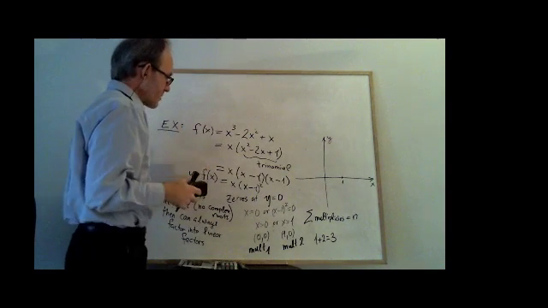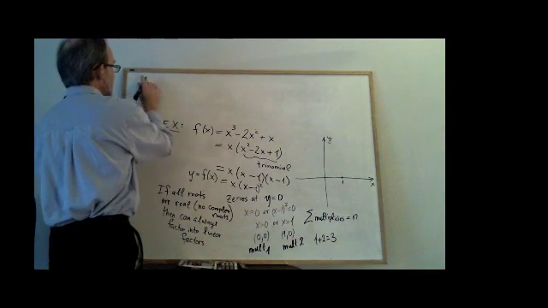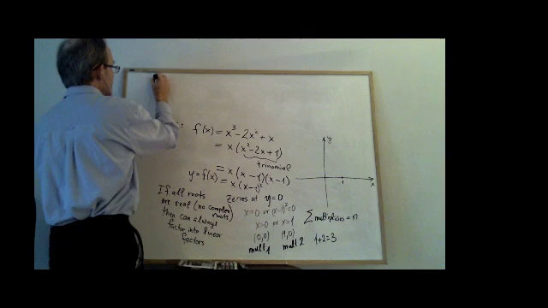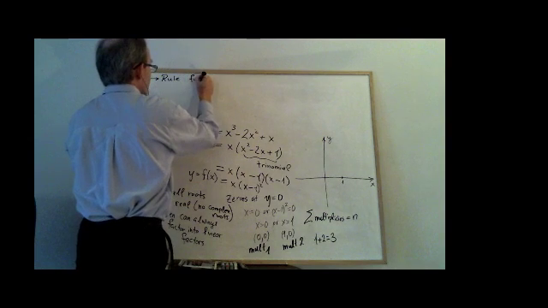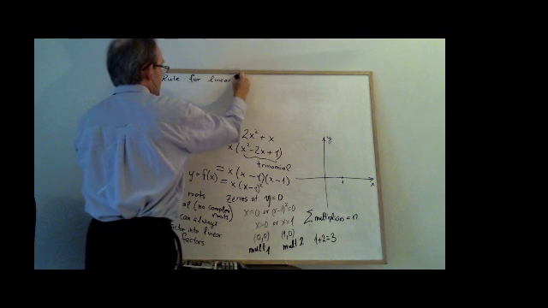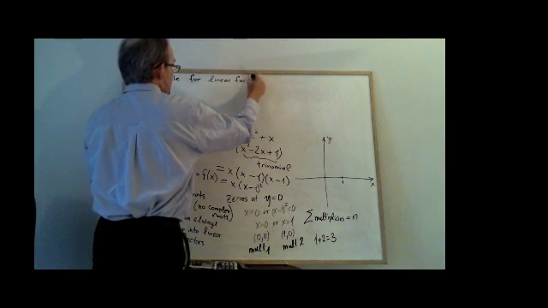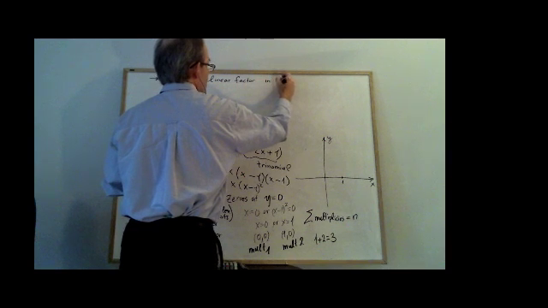So really, the book doesn't go into this much detail as to finding the slope for linear factors, but this is a rule for a linear factor in a fully factored polynomial.